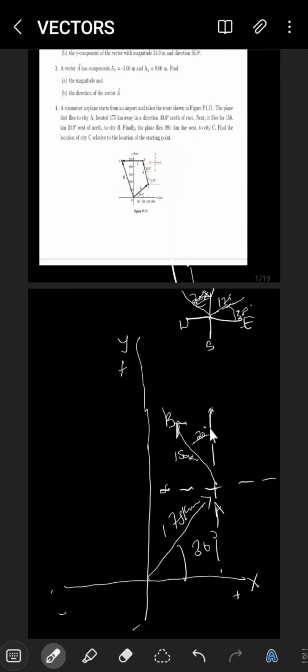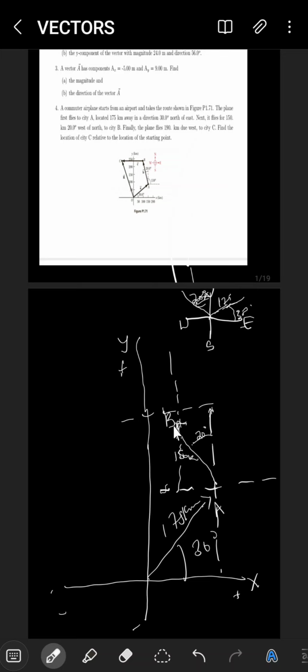Next is city C. Find the location of city C relative to the location of the starting point. That's the question. Finally, the plane flies 190 kilometers due west to city C. Again, vector C will start from exactly there and join B, head to tail.